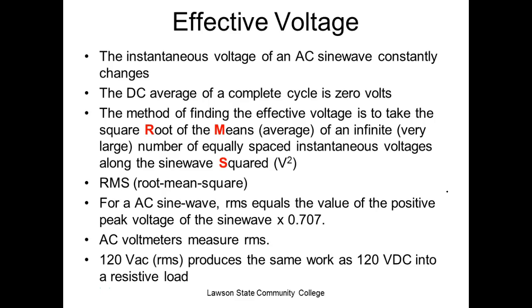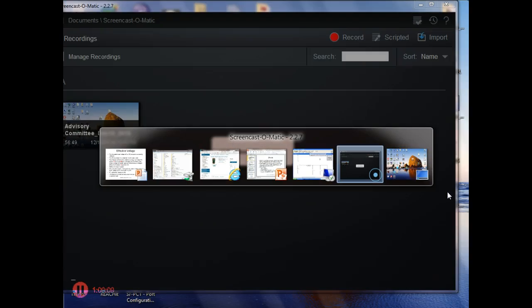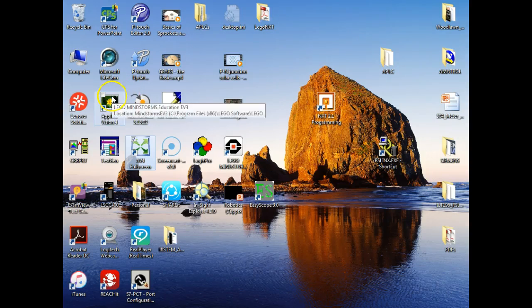I'll put my camera up here so y'all can see it. I can't get my camera to go full screen for some reason, but it is working.